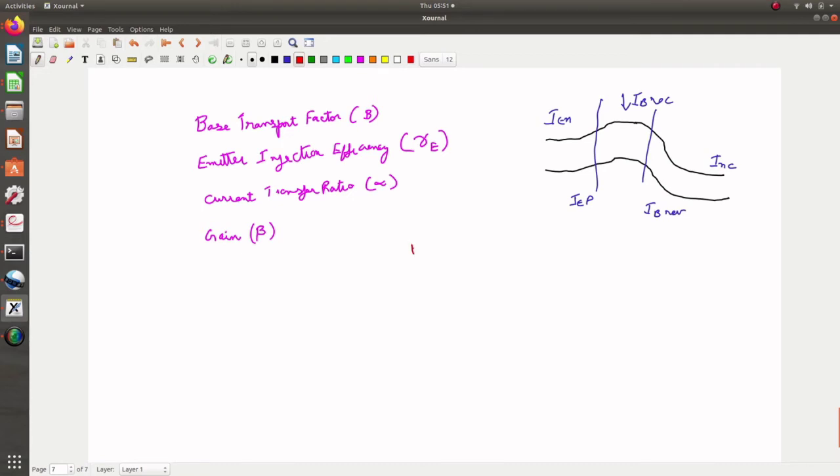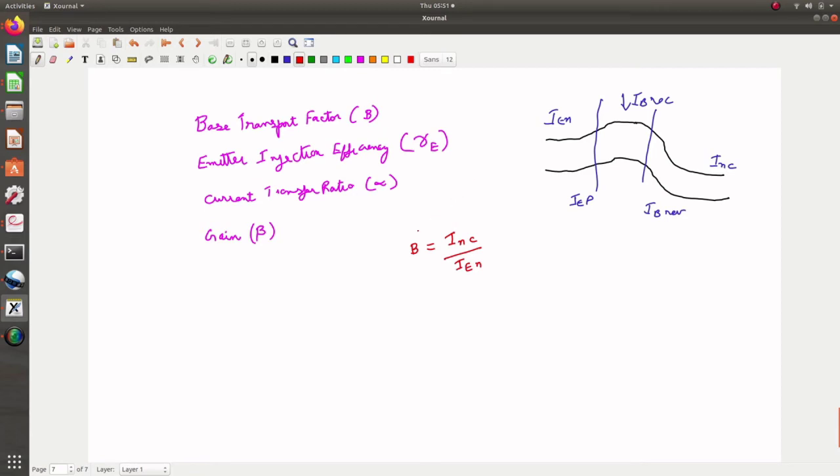The base transport factor B is given by INC by IEN. As I had mentioned earlier, the IEP, the emitter current due to holes, is not contributing to the collector current.